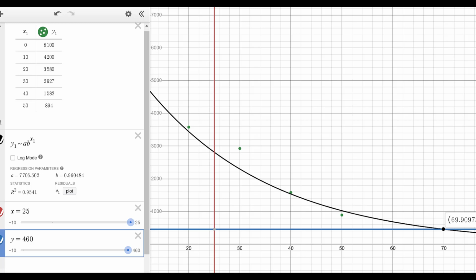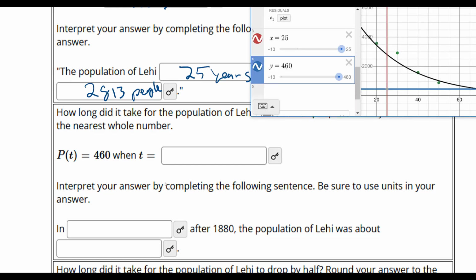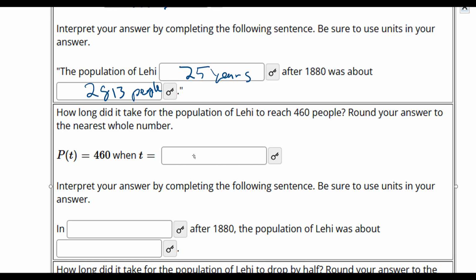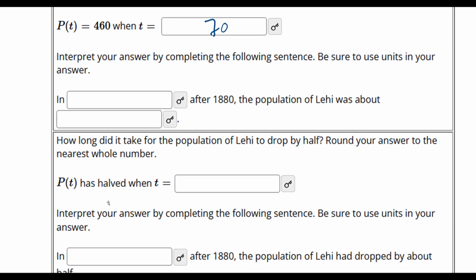But anyway, this is how ours works out. So I say 70 years. Interpret your answer by completing the following sentence. In how many years? 70 years. After 1880, the population was about 460 people.